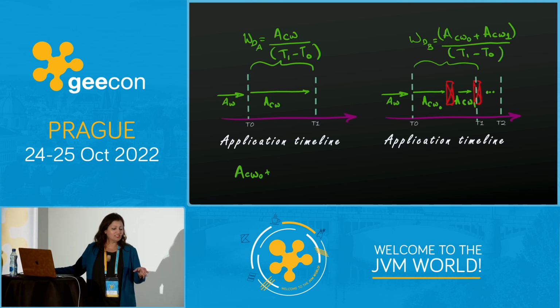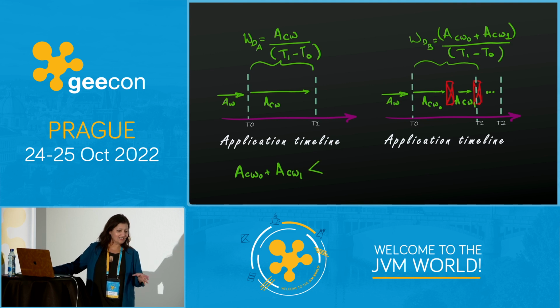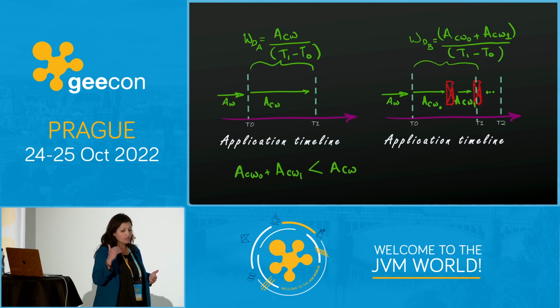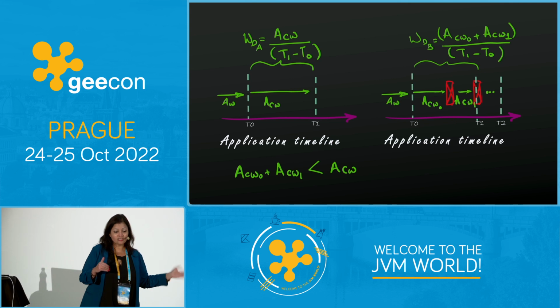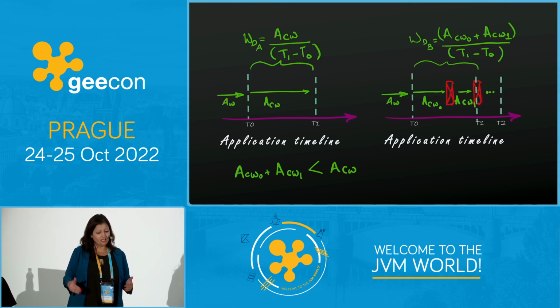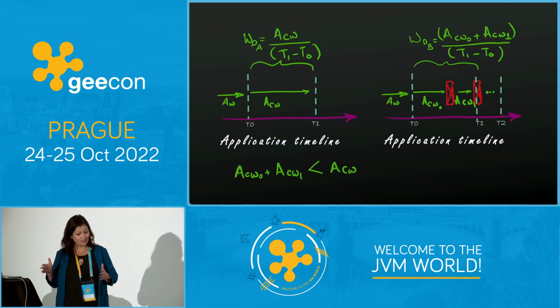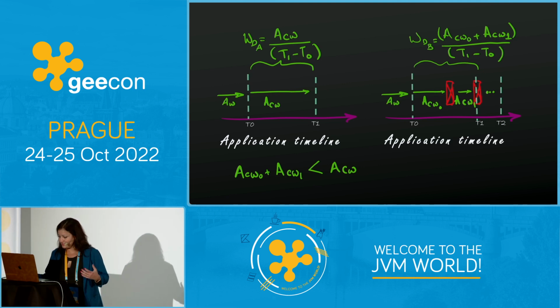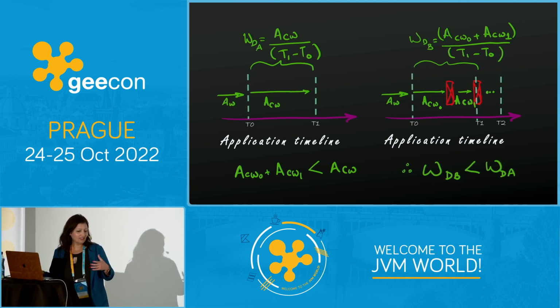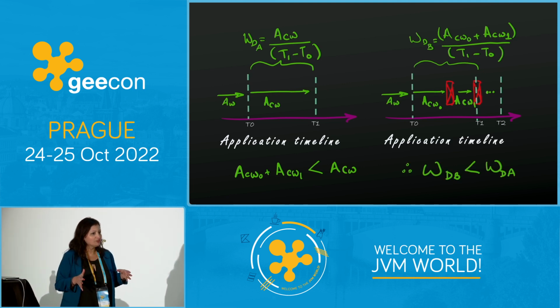We know that ACW0 plus ACW1, the work done, is less than ACW. Because remember, at T1, application A was able to send the response back, but application B needed until T2 to complete its work. So the work done is less. So basically, the throughput is less. So that is how we measure throughput.